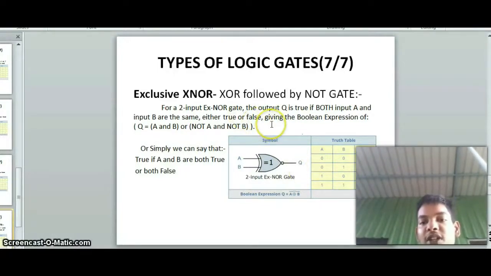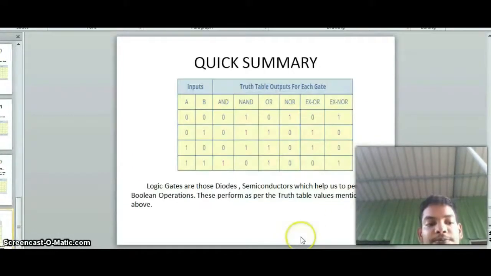In XOR we said that if either of A or B is true, then we get the output as true. But here, when both inputs behave the same way, then we get a true. So when A and B are both false, having the same characteristics, then it is true. And when both of them are true, it is also true.